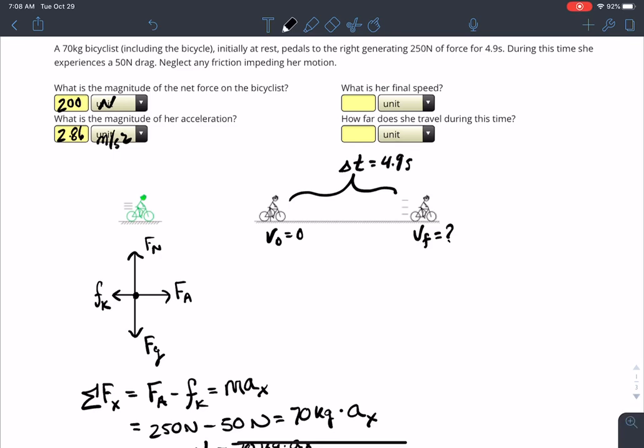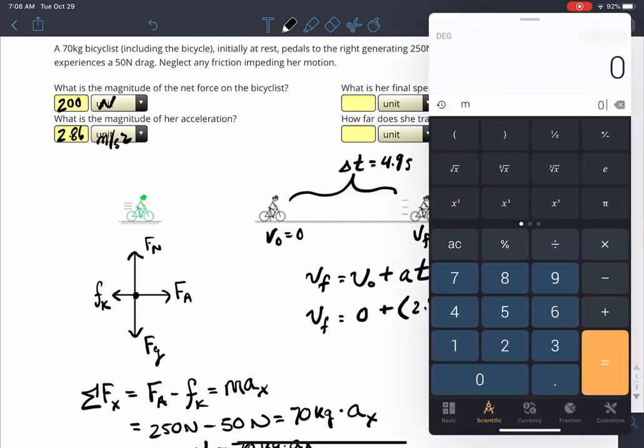So I'm going to use a kinematic equation. We know that vf is equal to v naught plus a times t. vf is what we're solving for, equals v naught, which was 0, plus our acceleration in the x direction from part 1, 2.86, times the time interval, which is 4.9 seconds.